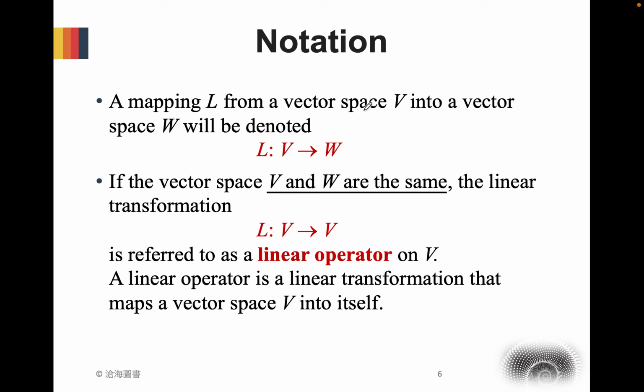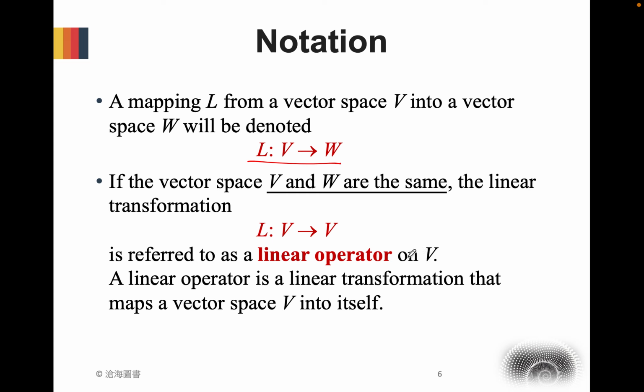So a mapping L from a vector space V into a vector space W will be denoted as L, colon, V to W. If the vector spaces V and W are the same, then we denote the linear transformation L as V mapping to V. That is referred to as a linear operator on V. In fact, this kind of linear operator is what we have done when we were kids.